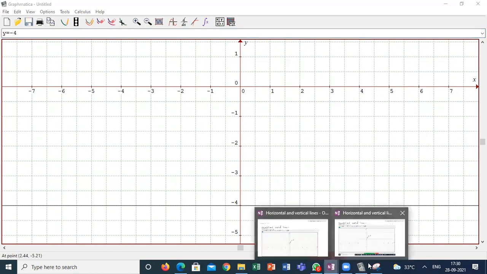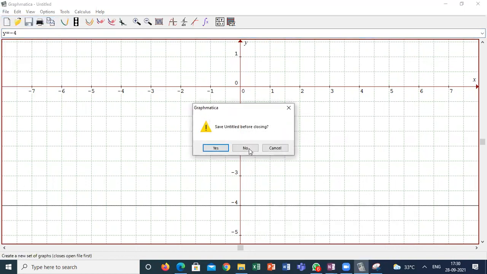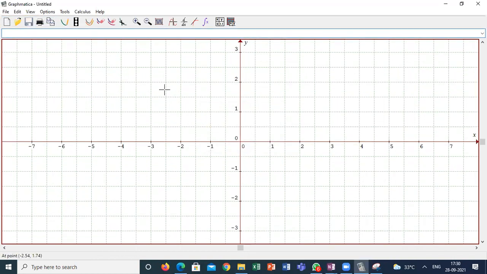Now, if I'm talking about the equation of a line parallel to y-axis, how can we write the equation of a line parallel to y-axis? X is constant in this case. If I'm taking x is equal to 3, I will get a line. If I'm taking x is equal to 4, I will get another line.